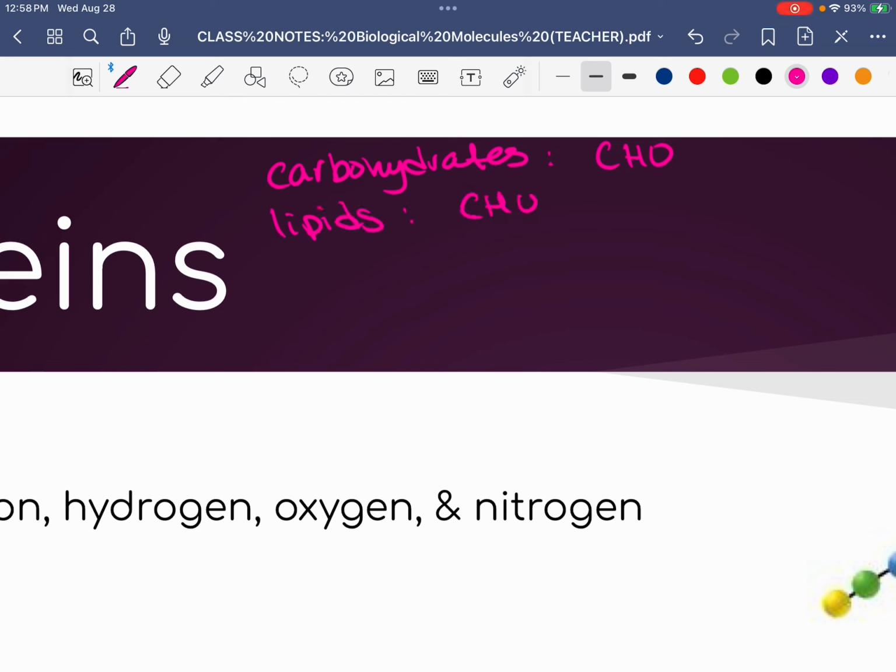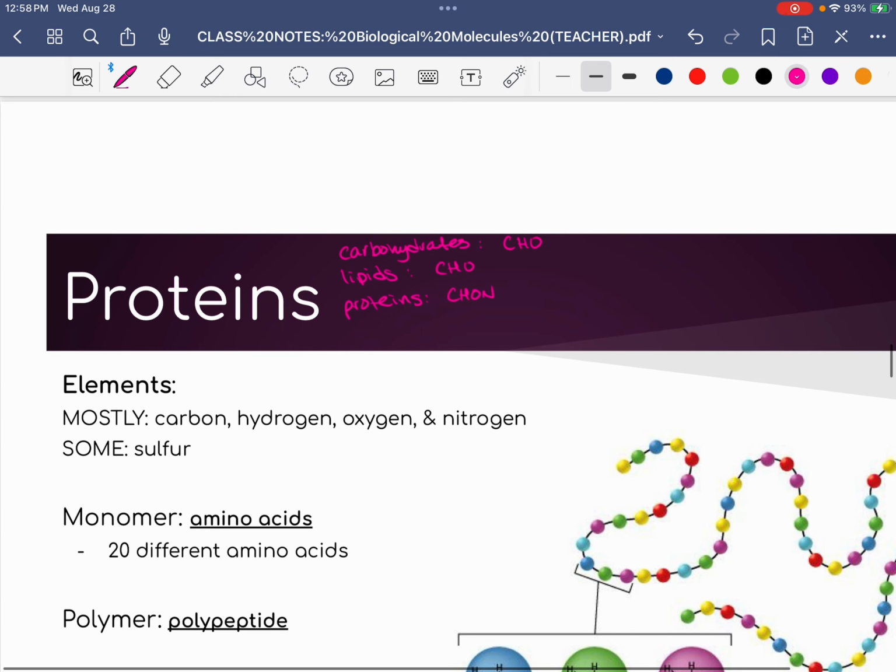They also have carbon, hydrogen, and oxygen in them. And now we're talking about proteins, and proteins have carbon, hydrogen, oxygen, and nitrogen. So one of the differences between proteins and carbohydrates and lipids is this nitrogen here.